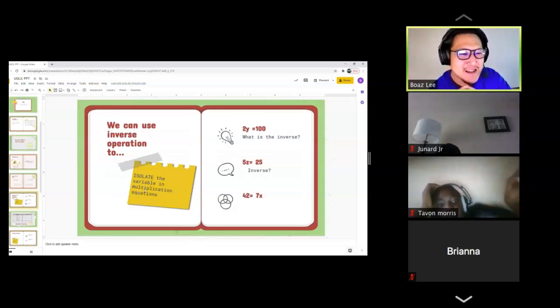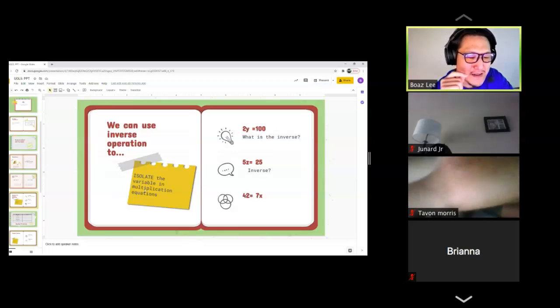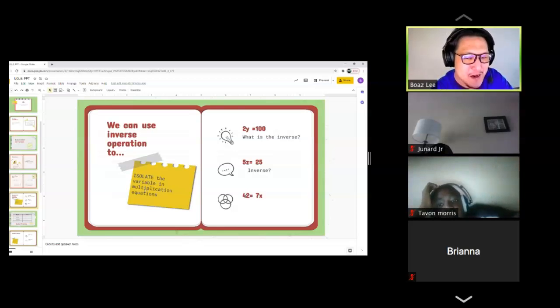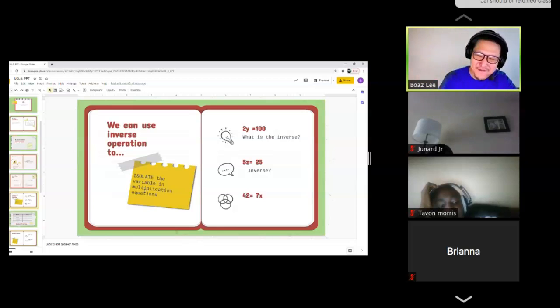We know that addition is the inverse operation of subtraction. What is the inverse operation of multiplication? What's the opposite? And Janard helped us out. He said division. So fantastic job. Let's look at our examples here.